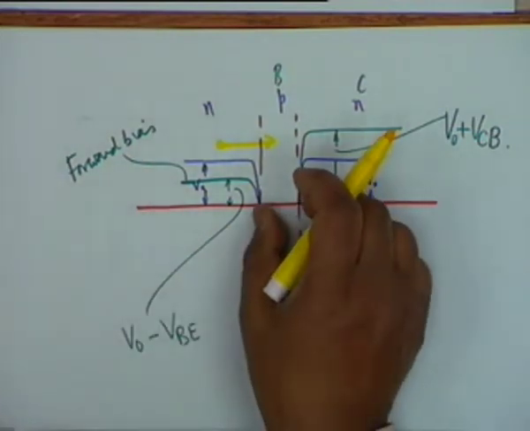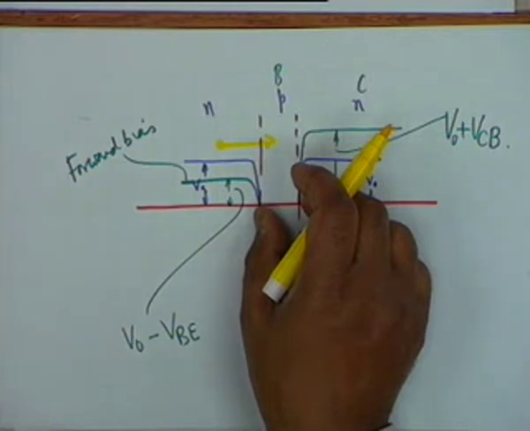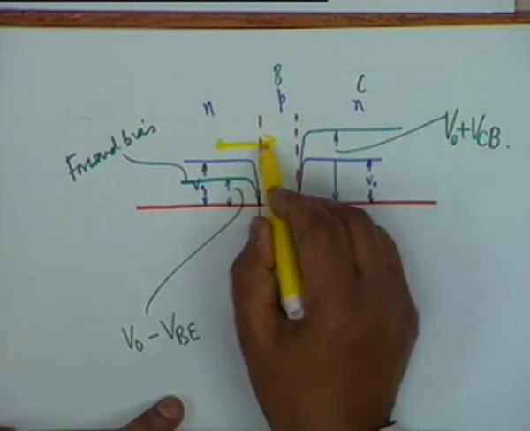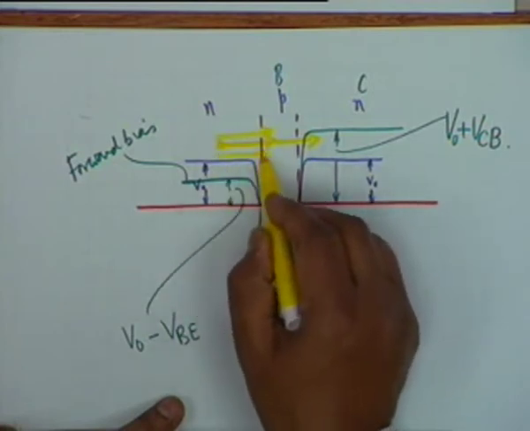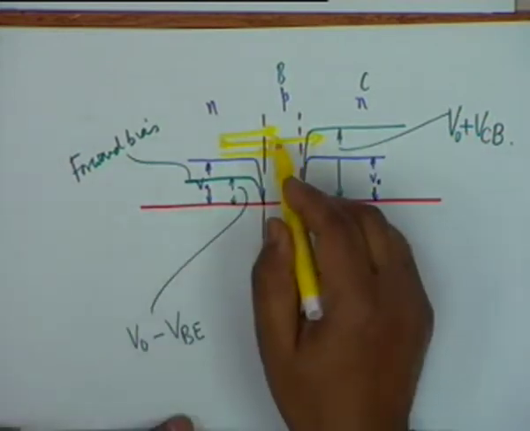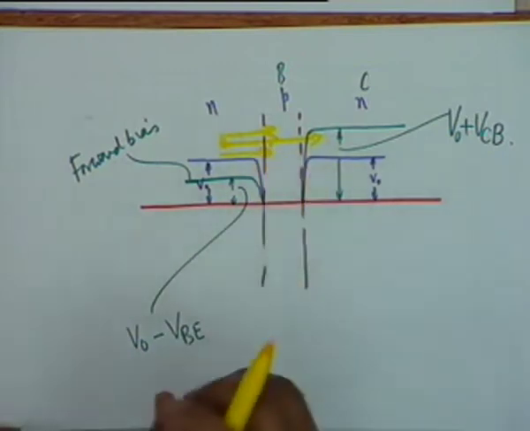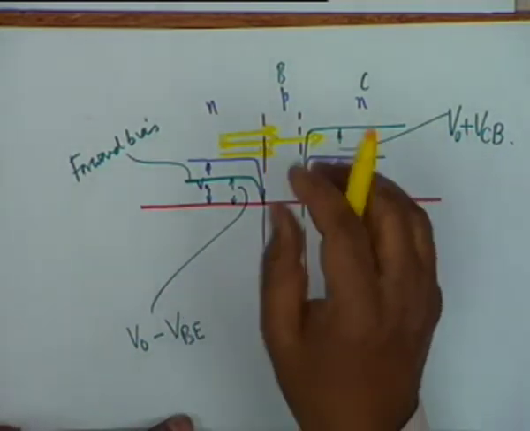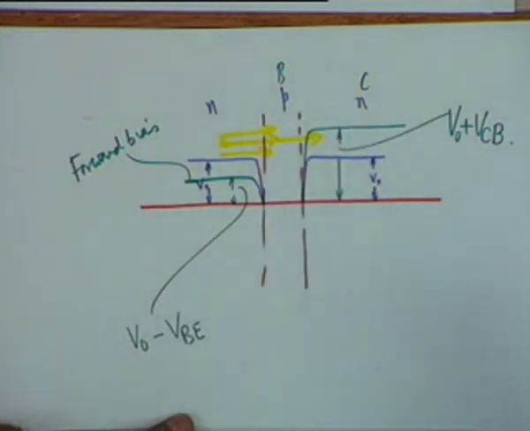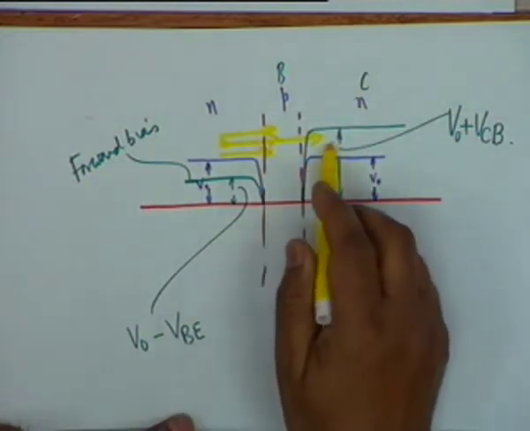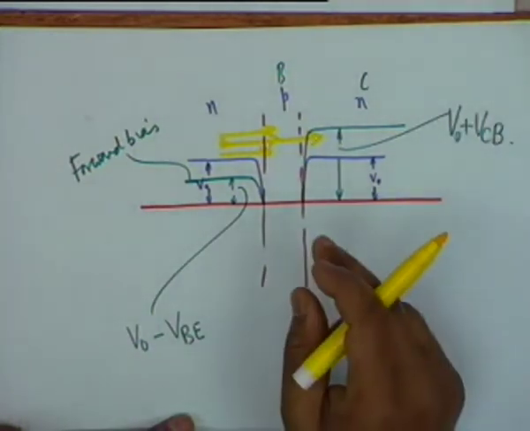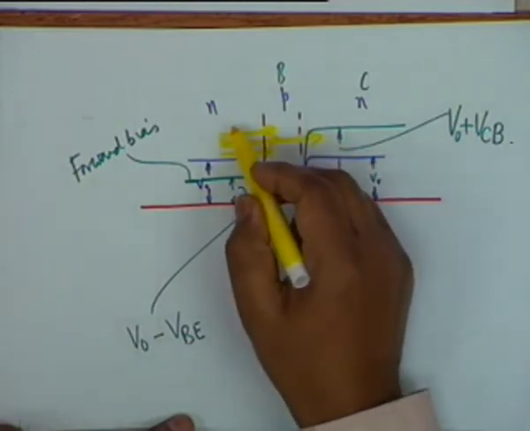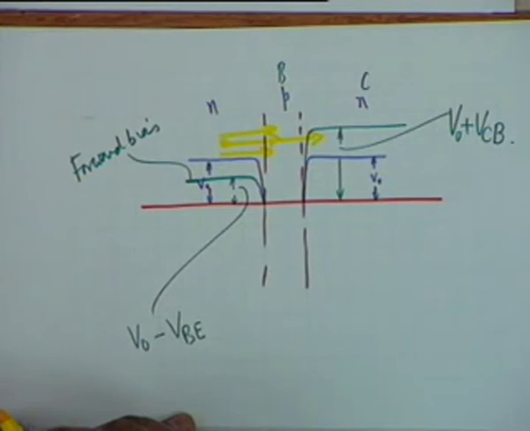But this region is so thin that the possibility of recombination is very little, and most of these electrons pass over to the n region. Most of these electrons enter the p region with a kinetic energy, and before they encounter a hole to recombine, they find themselves in the n region. It is so thin that they simply pass over.